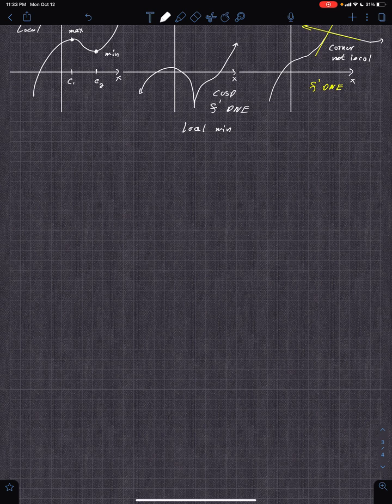Okay, so this will help you with your homework stuff. Finding extrema on a closed interval from a to b.